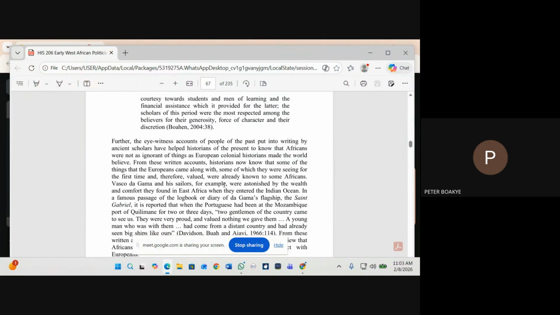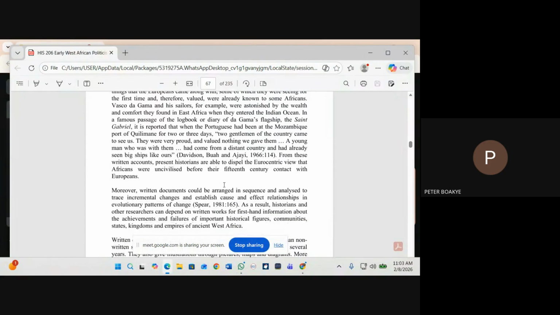Furthermore, the eyewitness accounts of the people of the past put into writing by ancient scholars have helped historians to know that Africans were not as ignorant as Europeans said about us. Vasco da Gama and his men, for example, were astonished by the wealth and comfort they found in East Africa.